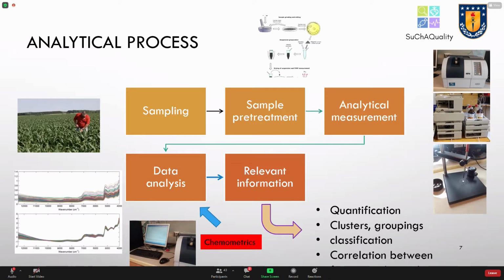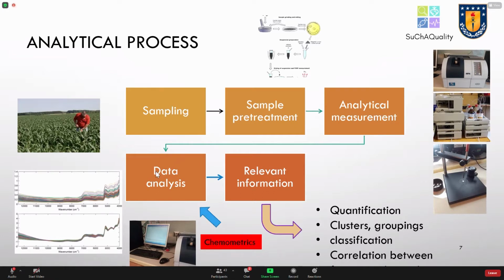So maybe this stage is the easiest for us to work on, because experimental design is basically in the experimental work, and here data analysis is basically computer work.